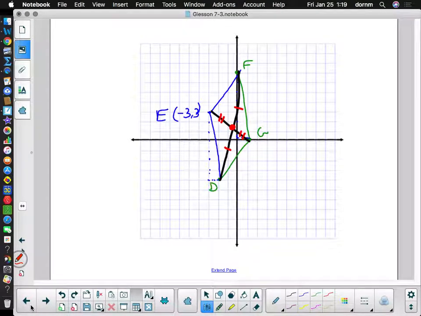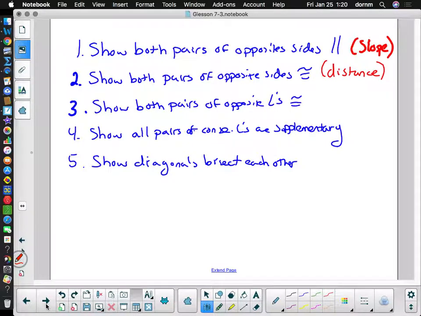What formula would I use in the coordinate plane to show that this is the same midpoint for both diagonals? Here's a hint. To find a midpoint, we would use what formula? The midpoint formula. Shocking. So we could use the midpoint formula for that.